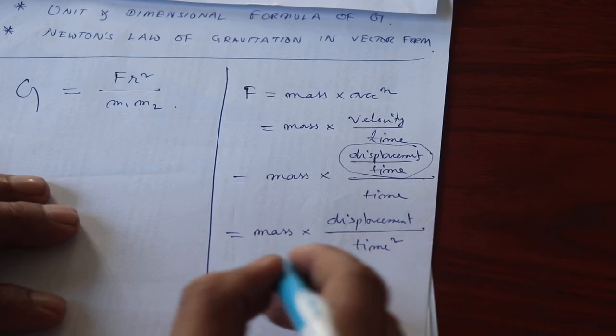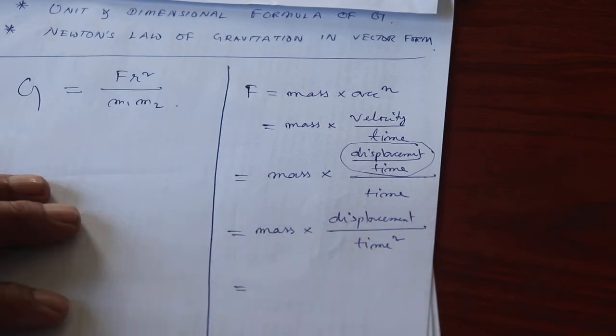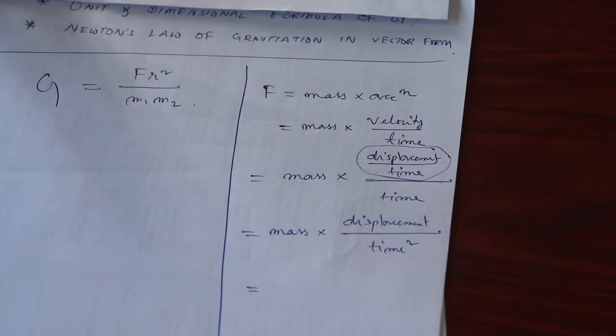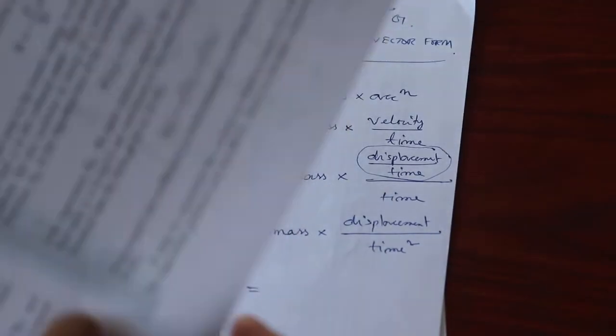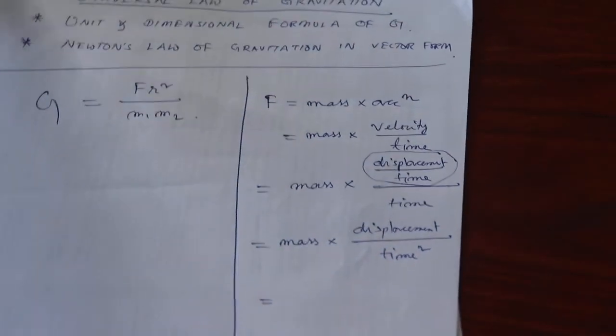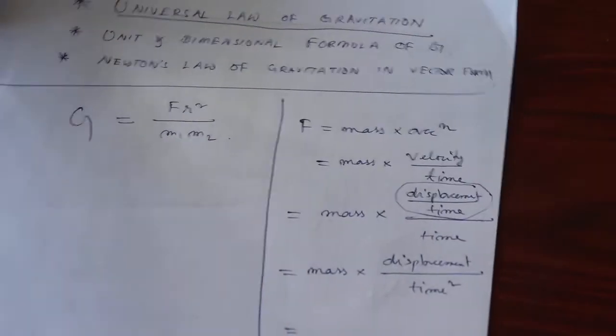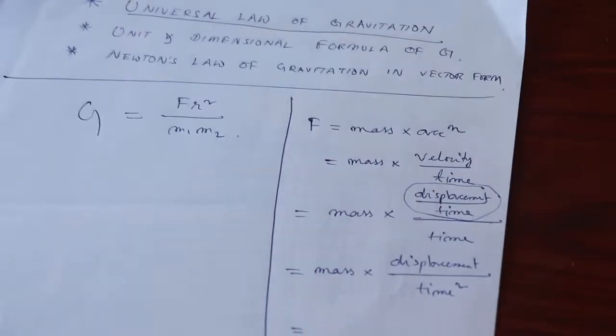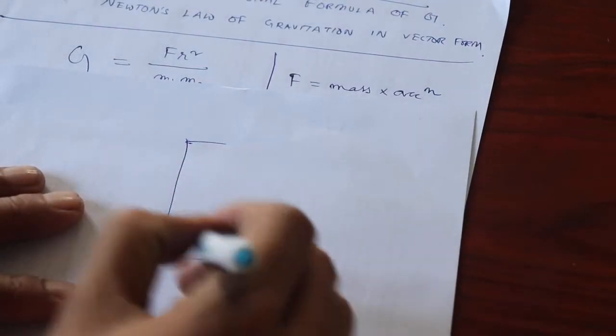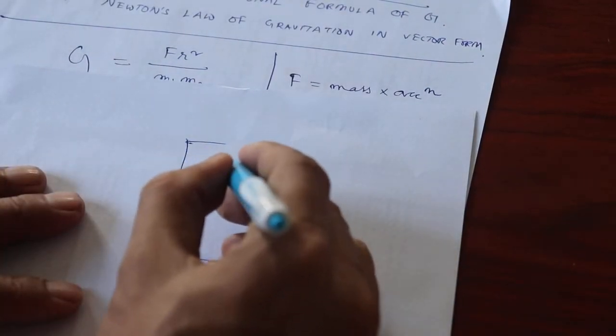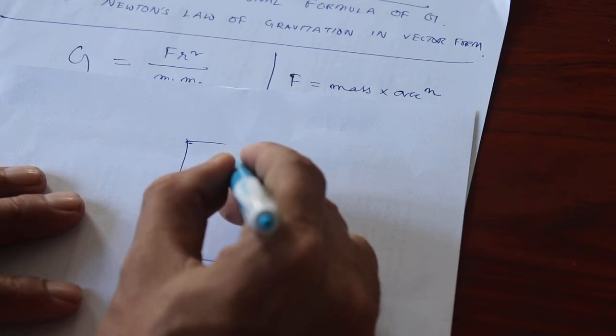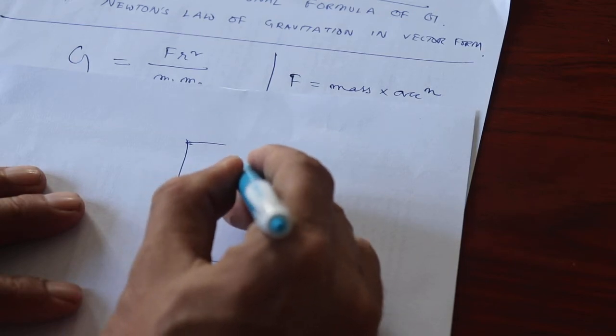In terms of mass, I mean dimensionally, in terms of dimension, how can you write this? Actually, this should be done in chapter 2. I'm just skipping that. Here, remember, there are three basic quantities we need to take here.